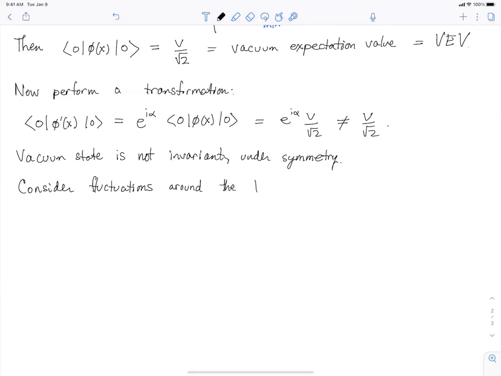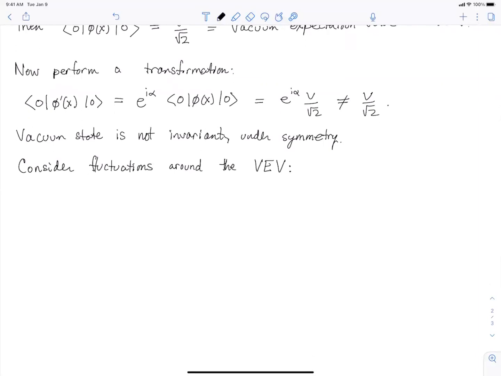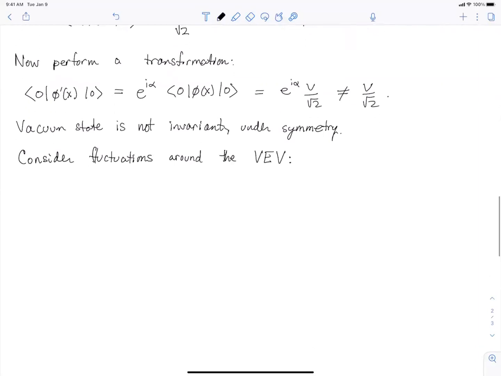We're actually going to do this in two slightly different ways that will help us understand the theory in two different ways. So one way is to just take our field and write 1 over square root of 2, that's just a convention, times the vacuum expectation value v plus a real field that I'm going to call capital R, plus i times another real field that I'm going to call capital I.